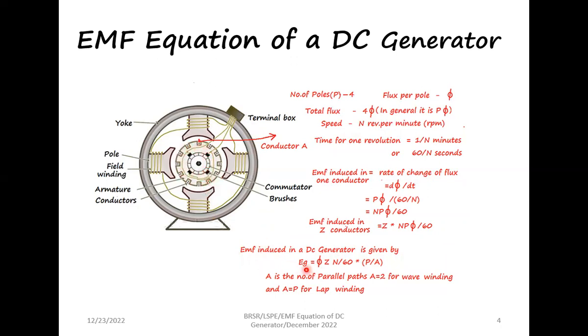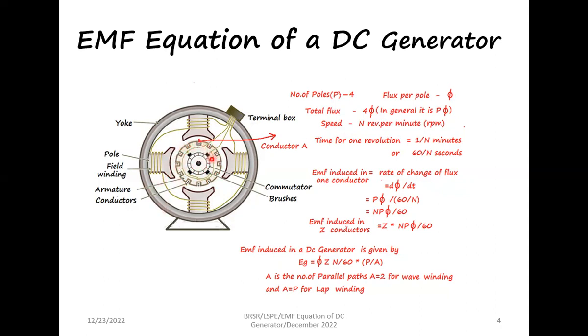It is represented by Eg, that is, generated EMF. In the case of a motor, when we give the supply to the armature, the motor will start rotating in the magnetic field. When the armature is rotating in the magnetic field, there will be EMF induced in the armature of a motor also, and that will be opposing the main voltage given to the armature.